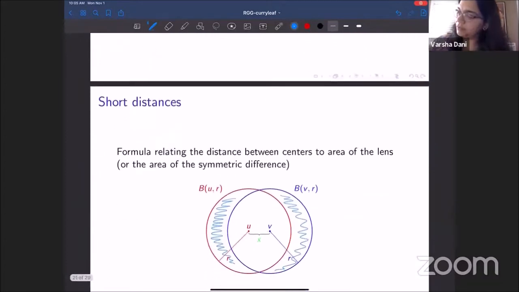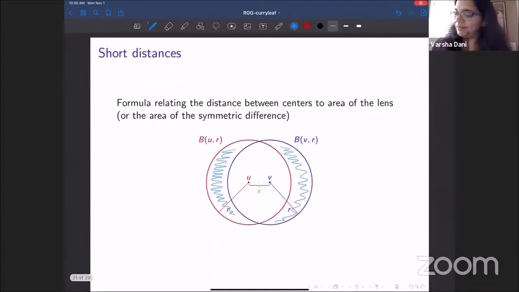Well, this is just geometry. There's some formula that relates the distance between the centers to the area of this lens, or to the area of the symmetric difference, and that's a formula that you can write down. Okay, so how does that help us?